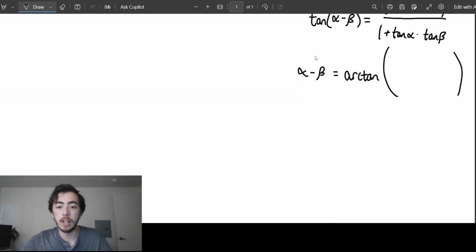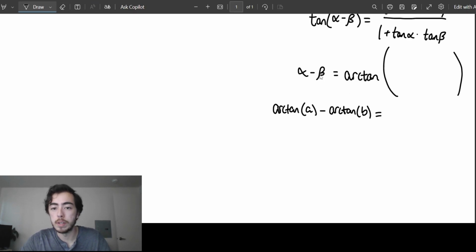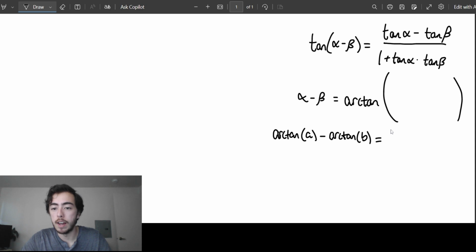So I could just call alpha, say, arctangent of A, being now no longer an angle, but some kind of ratio of side lengths, I suppose. And we could subtract arctangent of B. And on the inside here, first let me just get the arctangent there and then open up these parentheses.